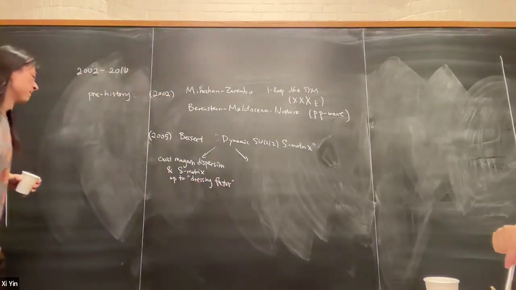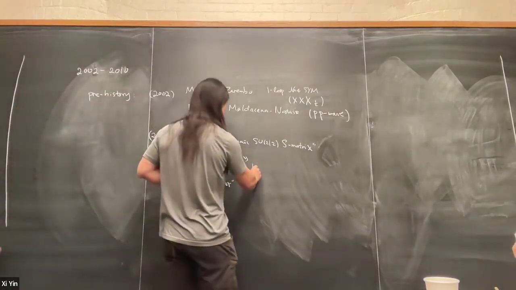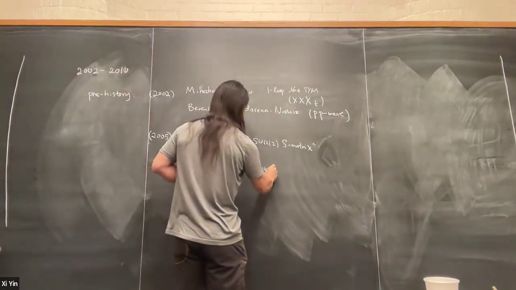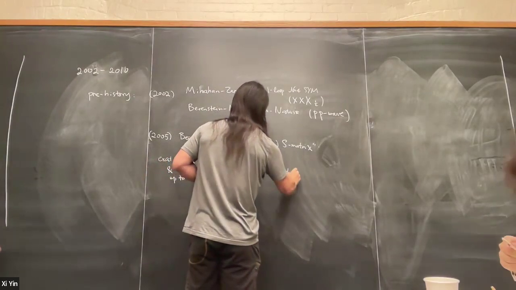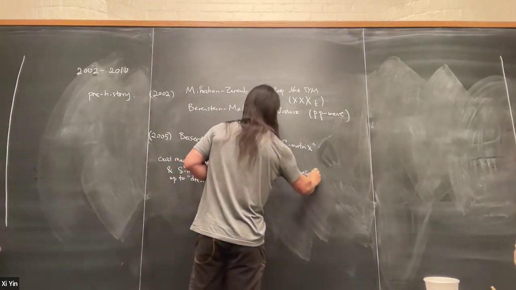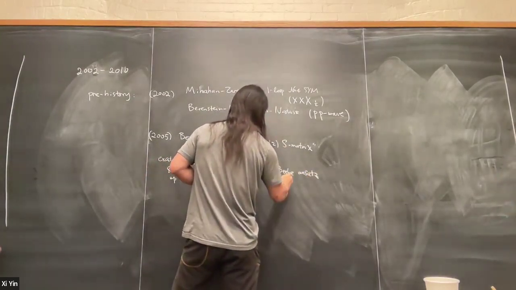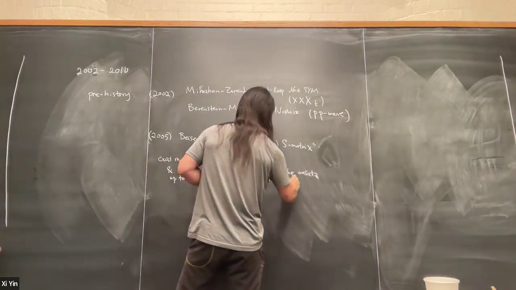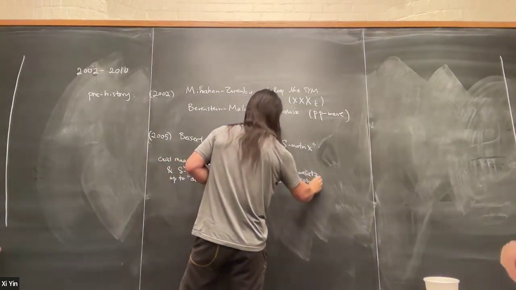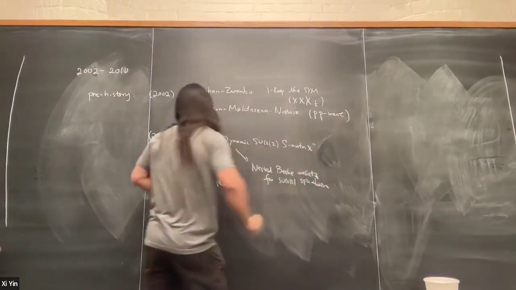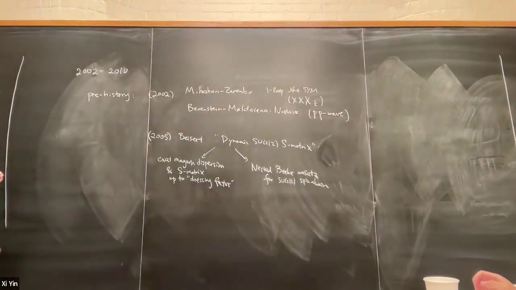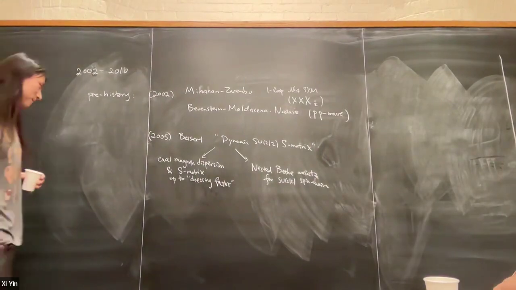The second is what's known as the nested Bethe ansatz for the spin chain, as relevant for N=4 super Yang-Mills. Let's call it the SU(2|2) spin chain. I'm just giving out the names for now. All of these we'll discuss in detail.